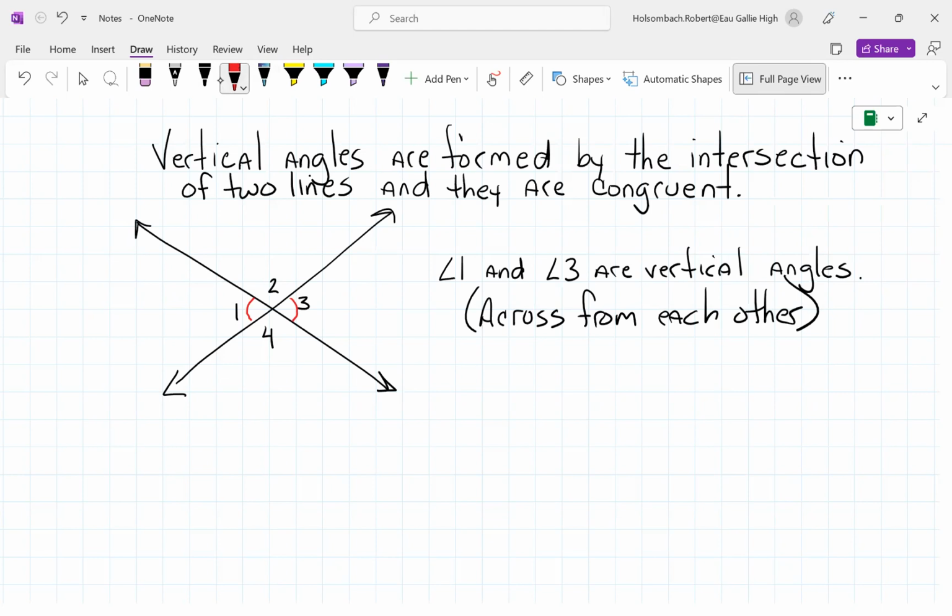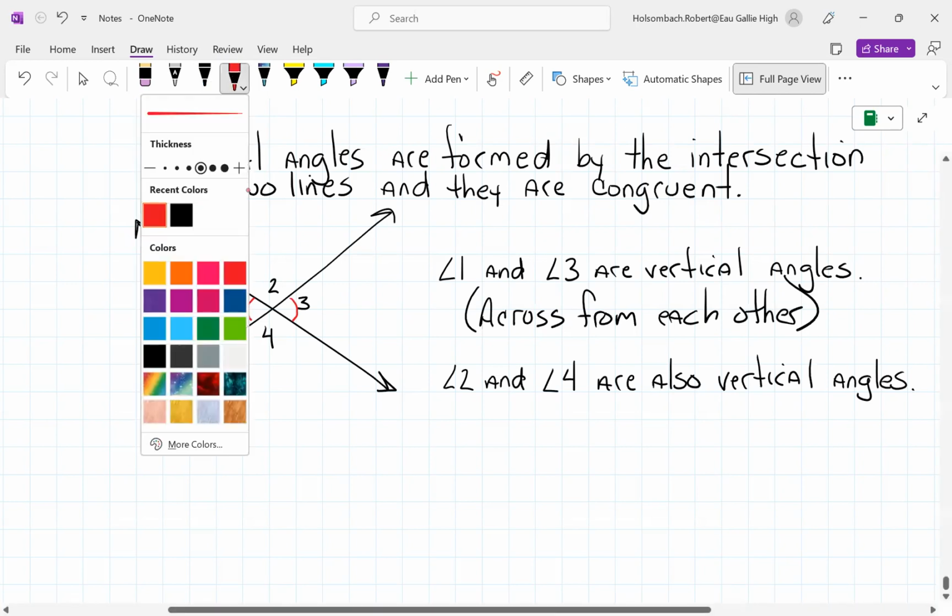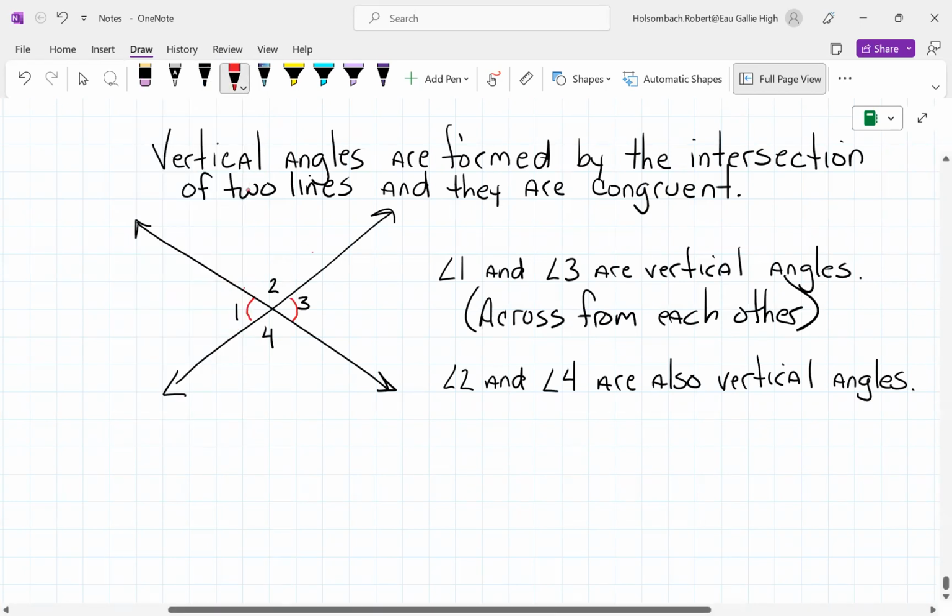And there's another pair of vertical angles in that picture. Angle 2 and angle 4 are also vertical angles. Angle 2 right here is congruent to angle 4.